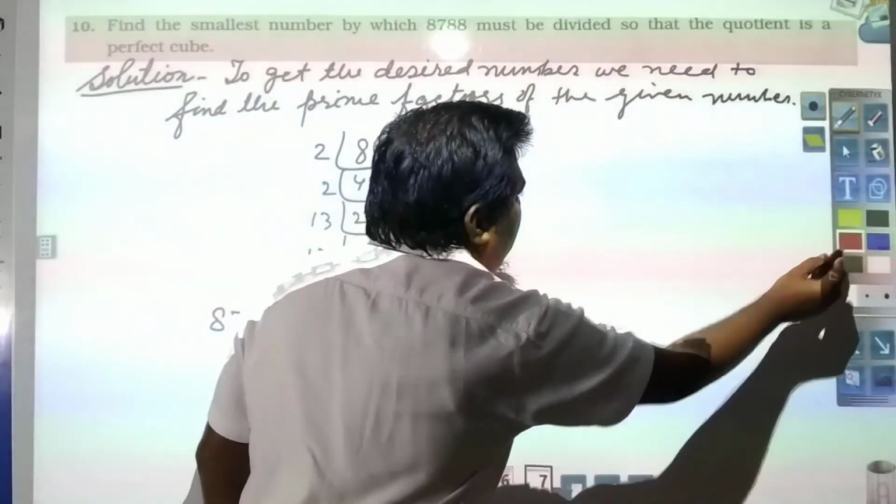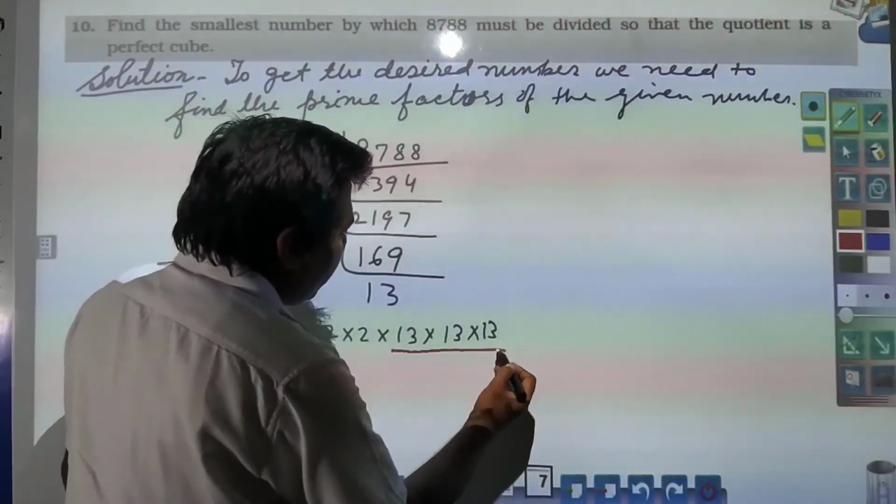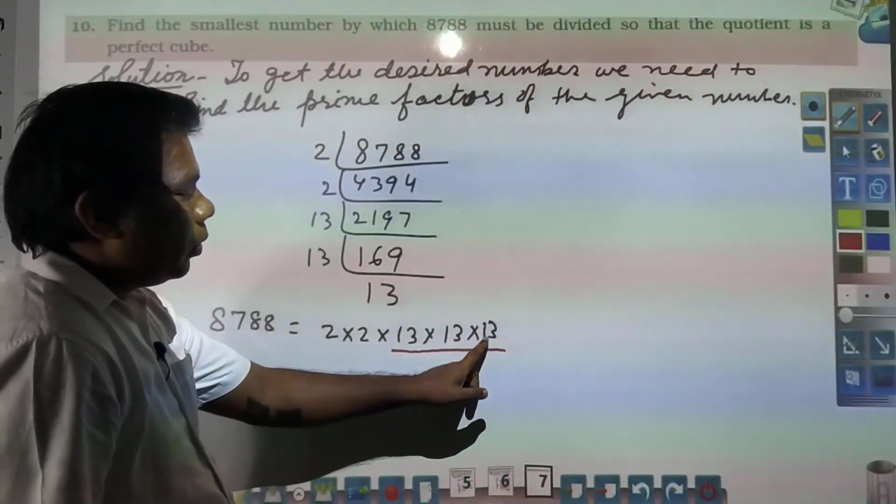So we have got one triplet of the same number, 13 into 13 into 13.